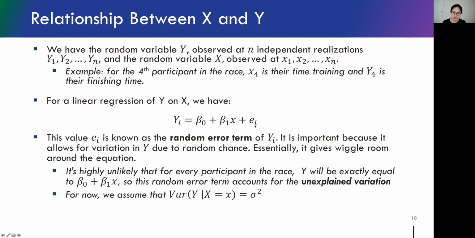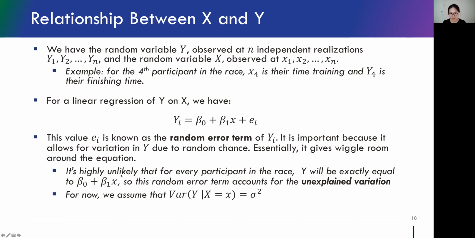And the value e here, if you notice, is known as the random error term of this yi. This is important because it allows for some random chance that y would not be predicted precisely with our linear relationship. So that's the wiggle room around this straight line.